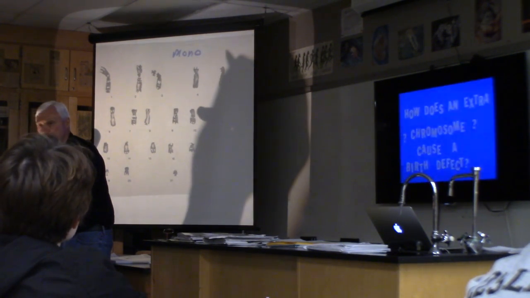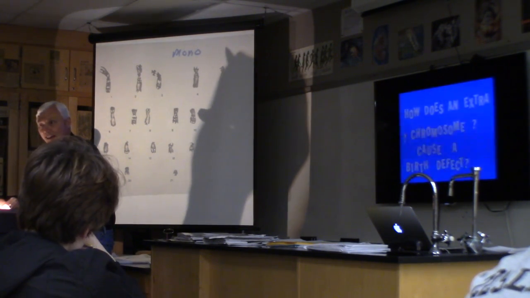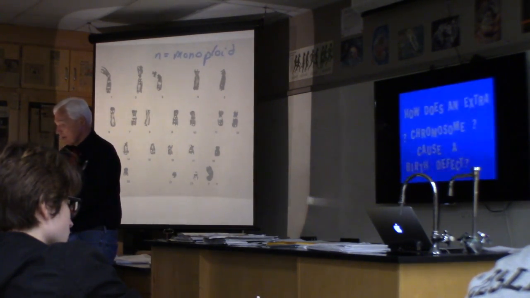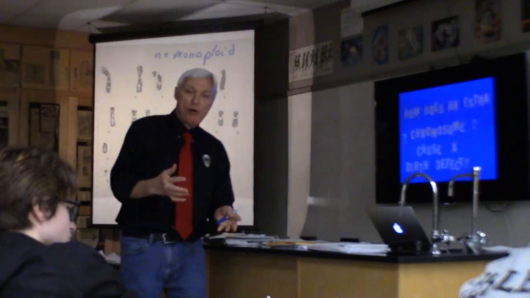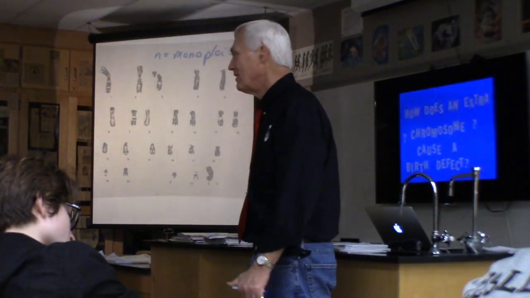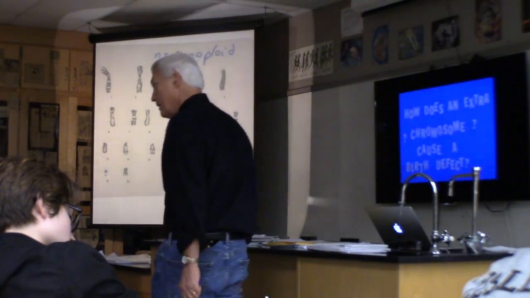What does the prefix mono mean? One. Monoploid, one ploid. And in genetics we use a lowercase n to represent that. So n means the ploid number, which in humans is 23.